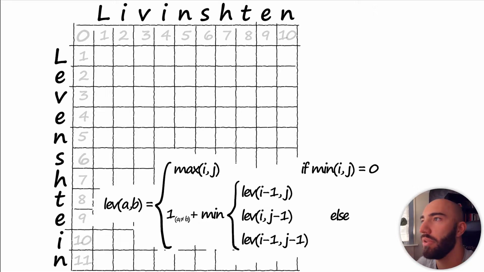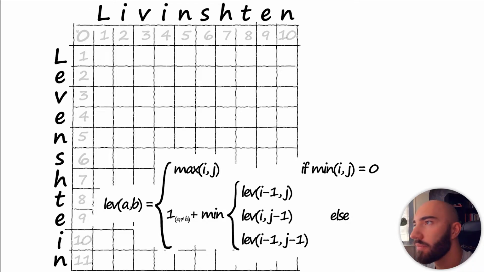Now, with this matrix, I've sort of already filled in a few up here, but imagine they're not filled in, because I'm going to explain why in a minute. So with this matrix, what we're going to do is work through each value or each cell within this matrix and calculate this formula for it.